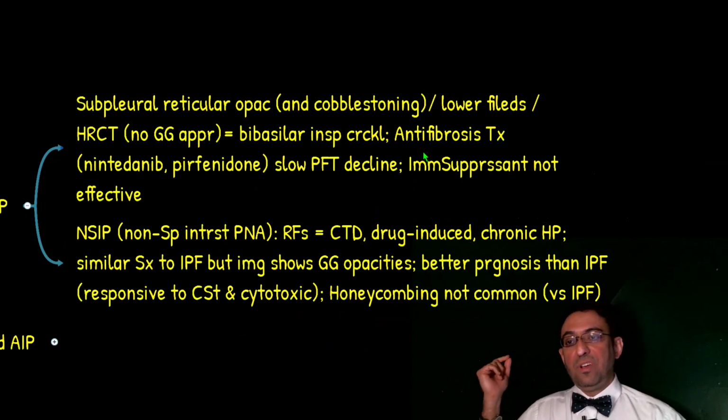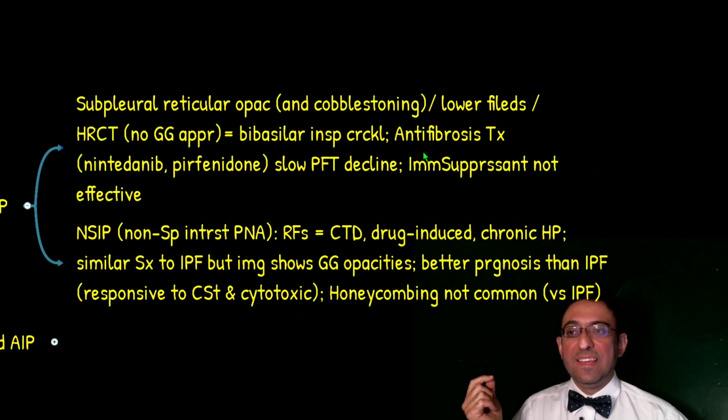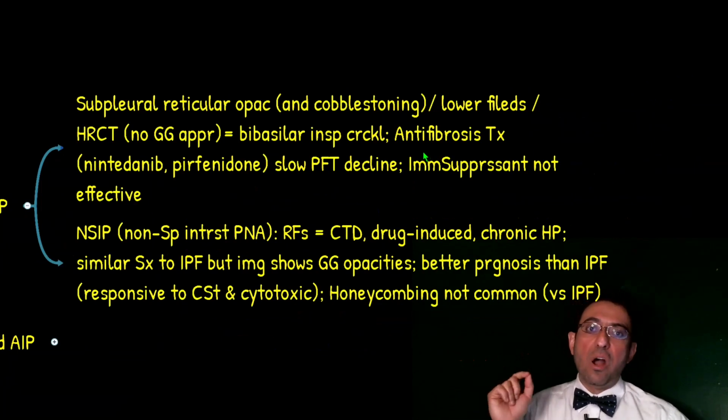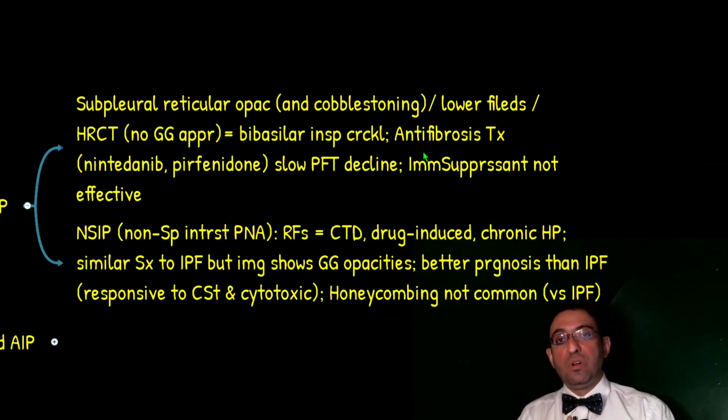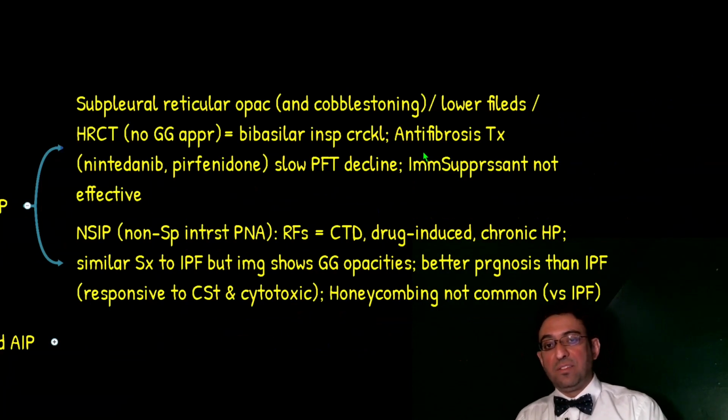Now, in the case of asbestos-related pleural plaques or asbestosis, we had the linear densities. Here we have reticular opacities and cobblestoning in the lower lung fields. This is also the pattern we could visualize better in the preferred test for imaging, and that is always, in the case of interstitial lung diseases, high resolution CT.